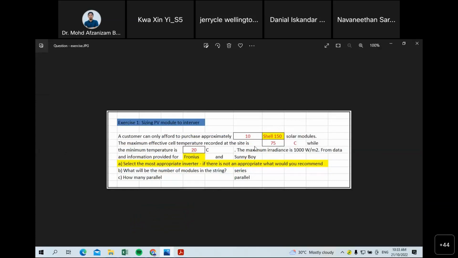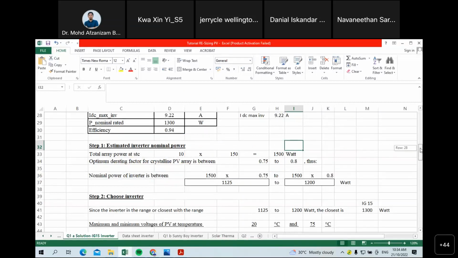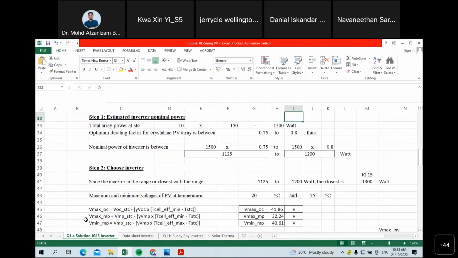So we need to do some calculation to gain the new value based on the specification at 75 degrees C. Of course, there is an equation we need to use. This is the way. This is the equation.